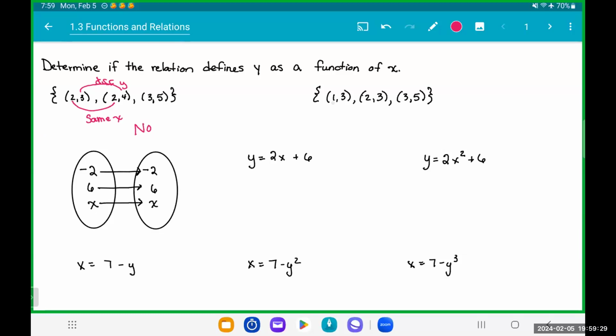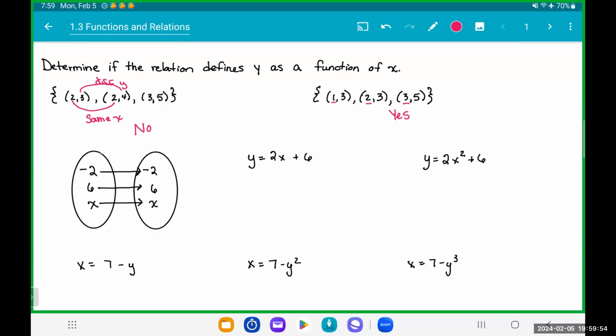For this next one, we have 1, 2, 3. We have no repeated x's. Therefore, every x goes to a unique y. And so, yes, this right here is going to be a function. You could see things displayed graphically like you see here, where we have 2 circles and the arrow.